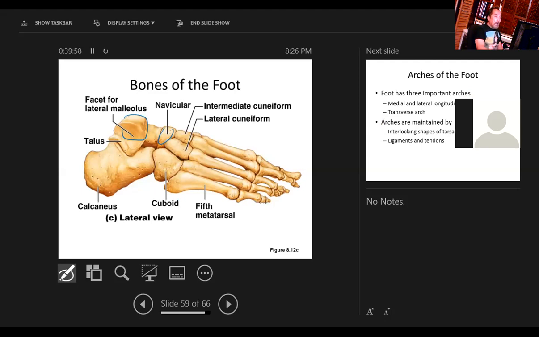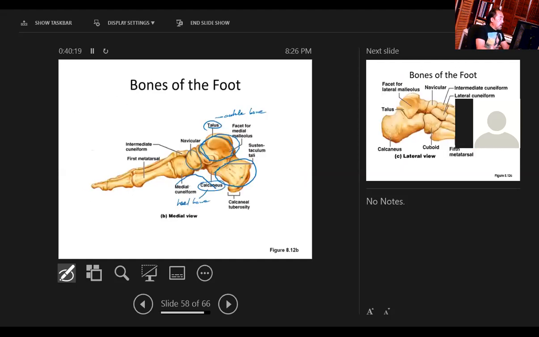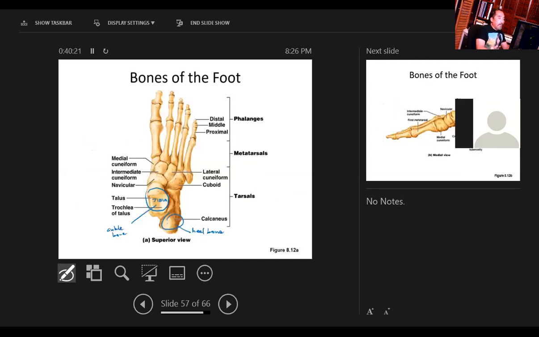And then after that, you've got four tarsal bones at the distal end. Three of them are called cuneiforms, and it just tells you location: medial, intermediate, and lateral cuneiforms. I'll show this further on the other picture from the top view.